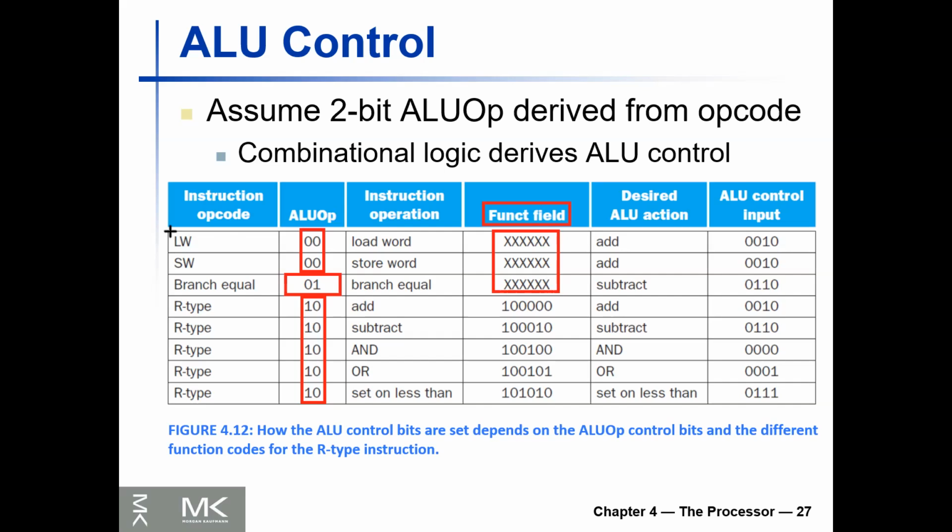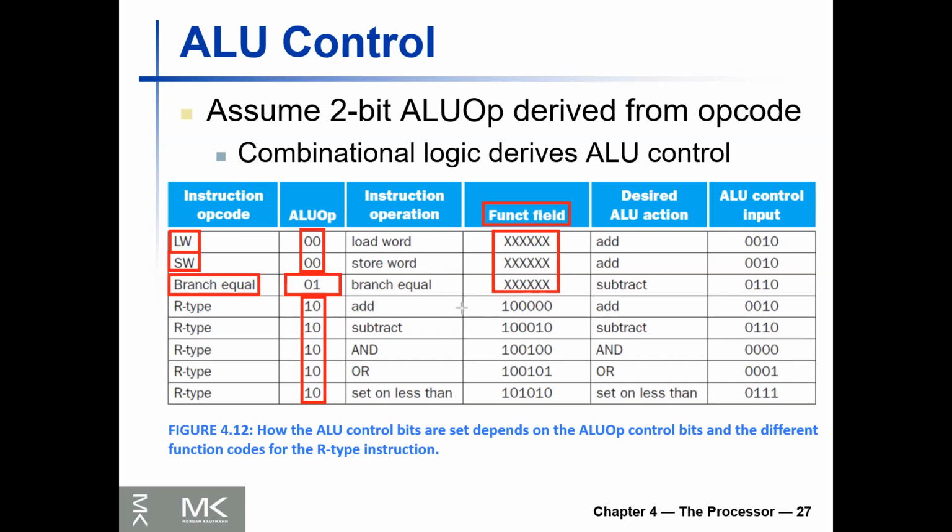Because load word has an immediate 16-bit offset, store also has a 16-bit immediate, remember, and branch equal also has a 16-bit offset. Is it clear, guys? Yes. That's why the function fields are don't care. It is not there actually. But in R type we have it.